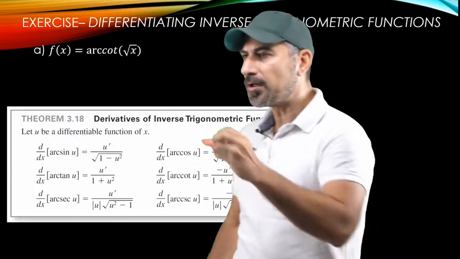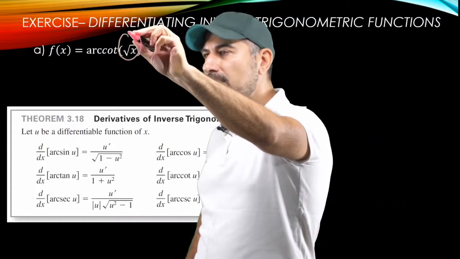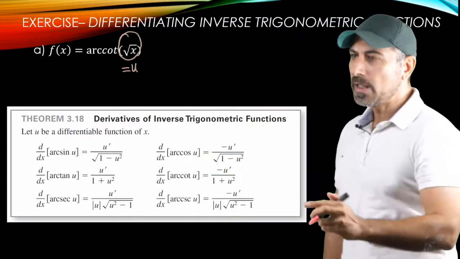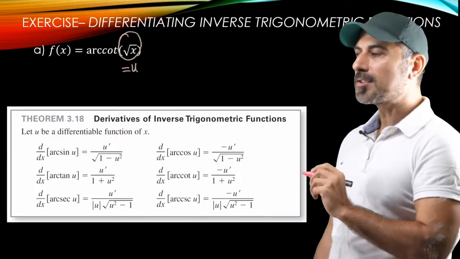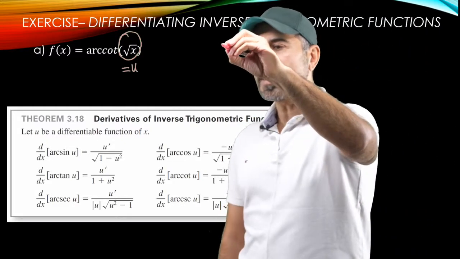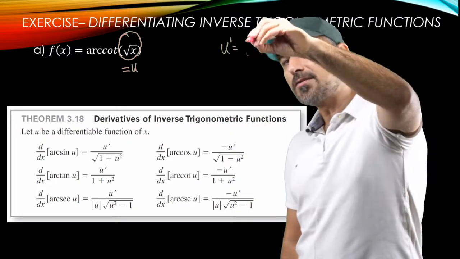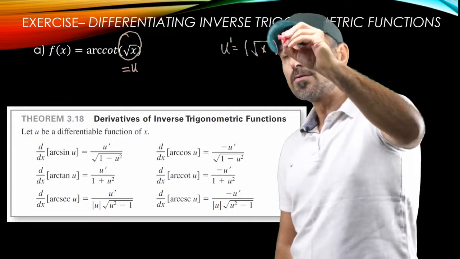So for our example here, the u function is exactly equal to root x, so I'm going to call this u. And all I need to take the derivative of this is the u prime of that. So let me just find u prime right here. So u prime is going to be the derivative of root x.